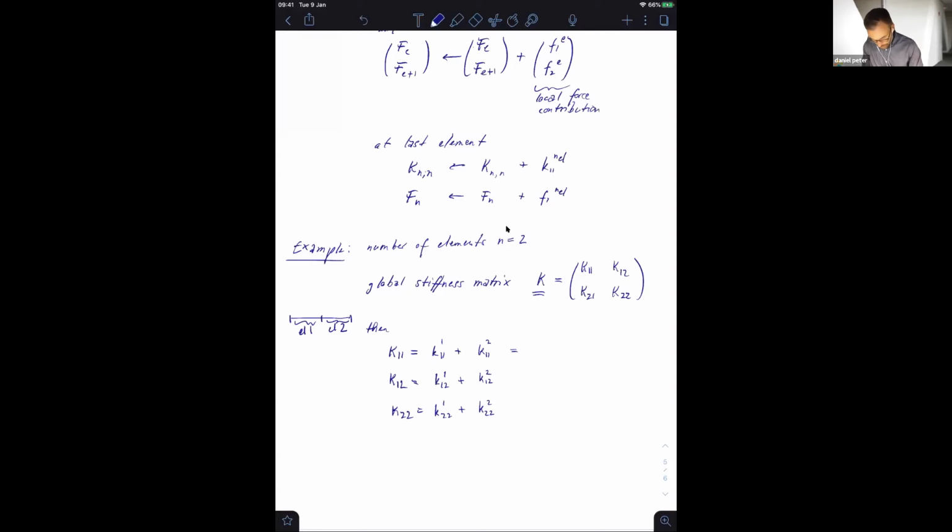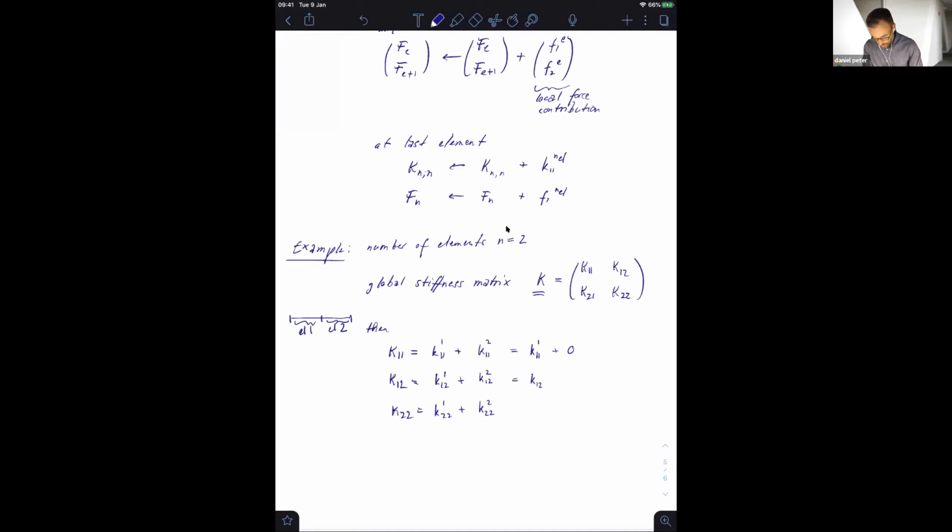So this is going to be the local contribution from element 1, but there is no contribution from element 2 for that. Then for 1, 2, the same.